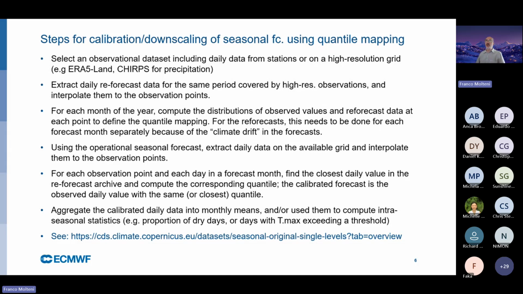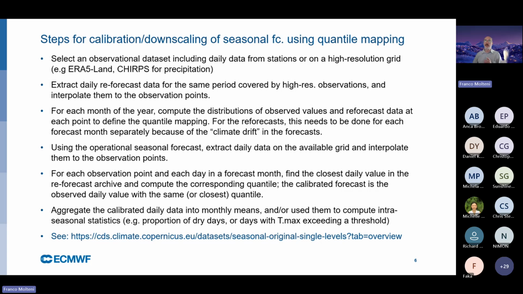For precipitation, you could use CHIRPS, which is quite frequently used nowadays. That's pretty high resolution. So this will be your observational data sets. It will cover a certain period, and you can create a cumulative distribution for each of the observation points that you are considering.